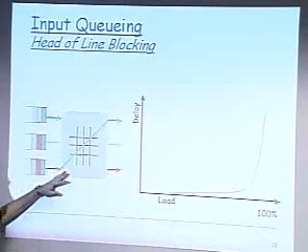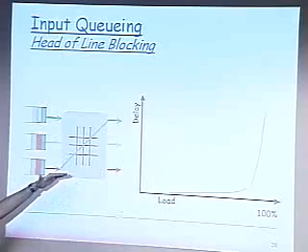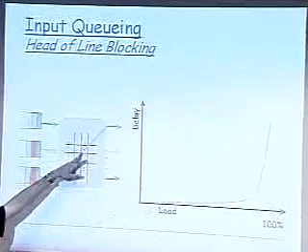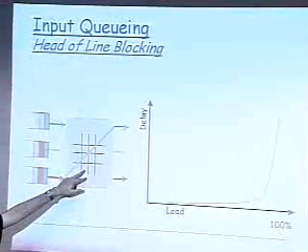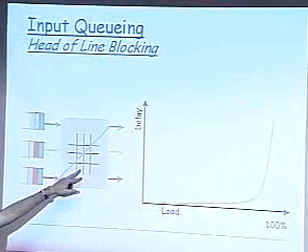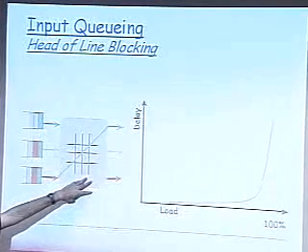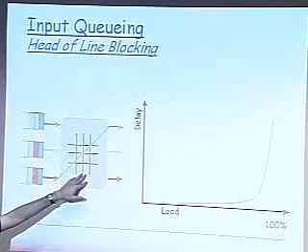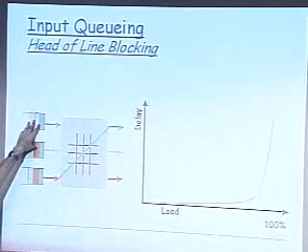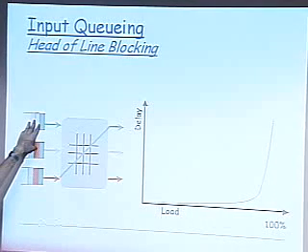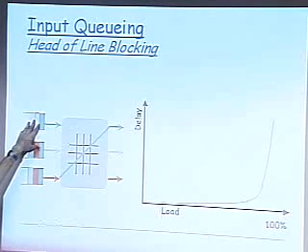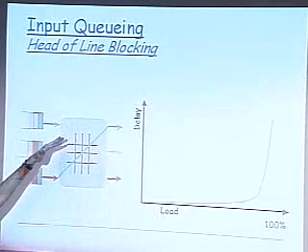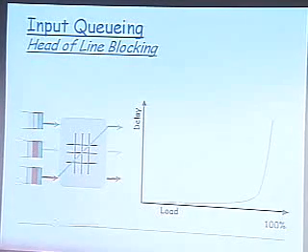So remember what happens in an input queued crossbar structure: until the column that you desire becomes available, and that availability is decided by some sort of arbiter or scheduler here, your packet is going to remain queued at the input port, right? When it becomes available, you can send your packet across, and then it goes to the right output port.